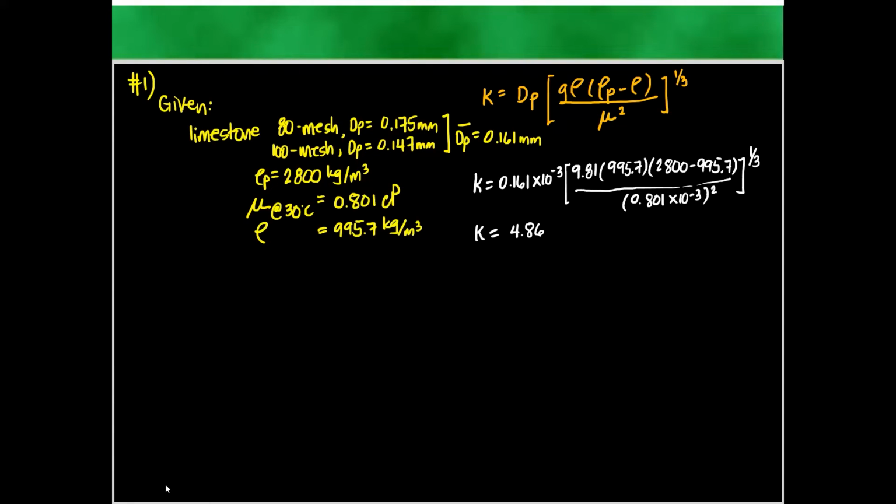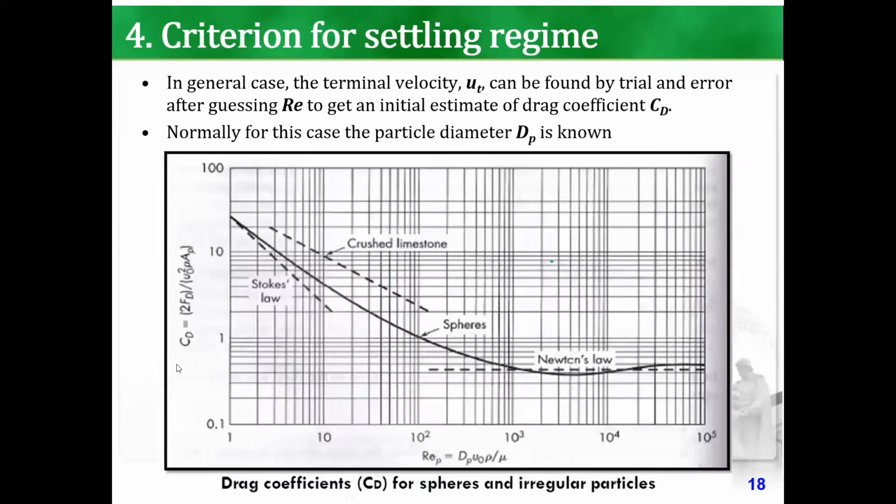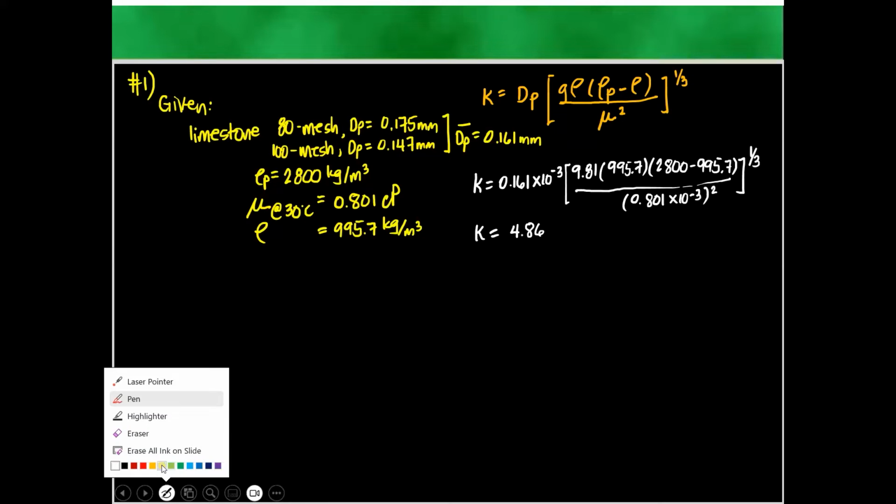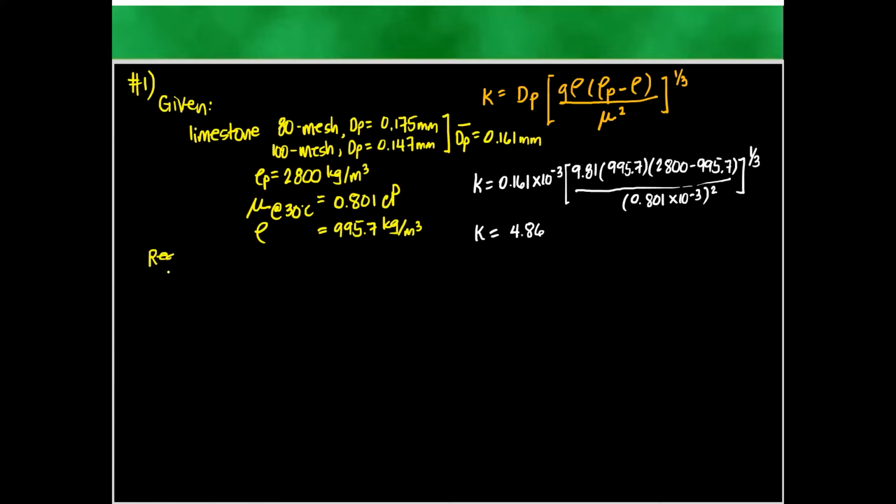In here, let's go back. Since it's 4.86, I can say that it's greater than 2.6 but less than 2360. So maybe we can approximate using this. But then the problem here is we still need CD. What's being asked is the terminal velocity.